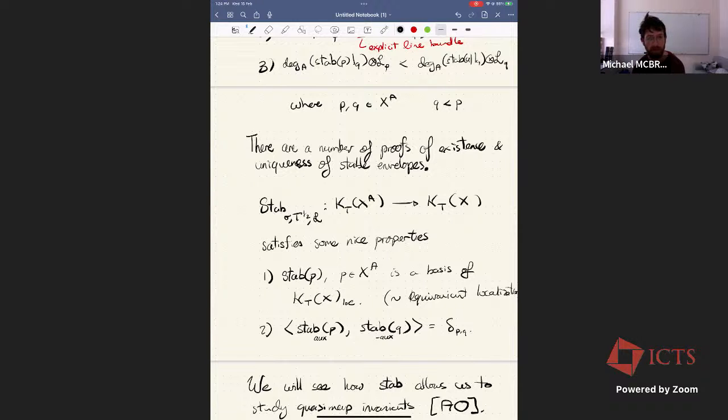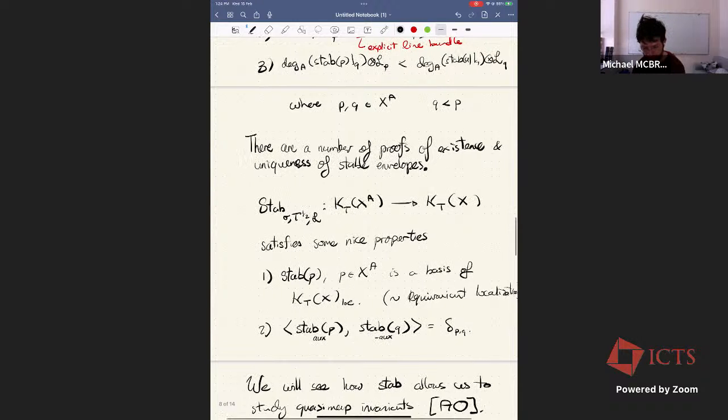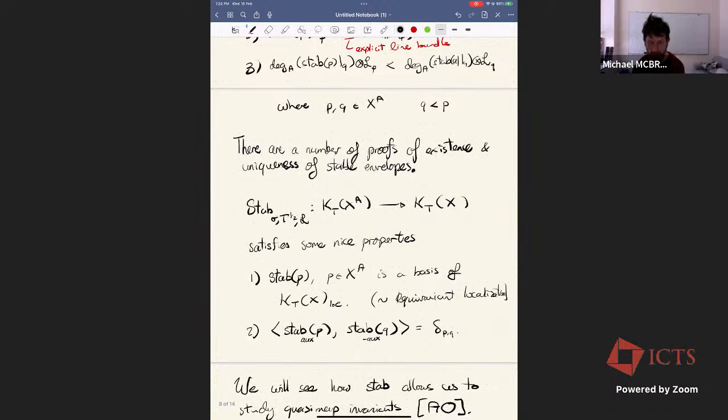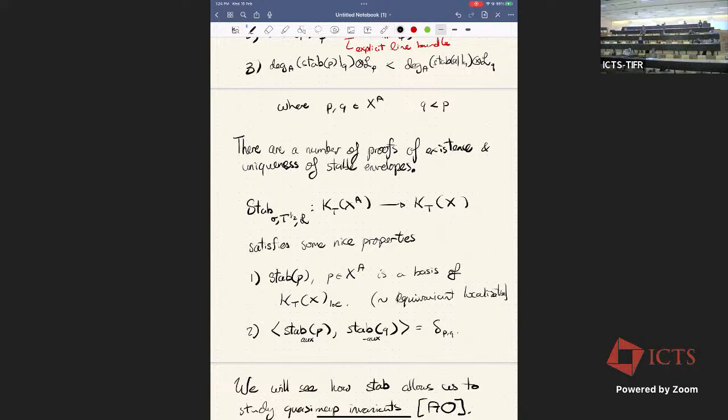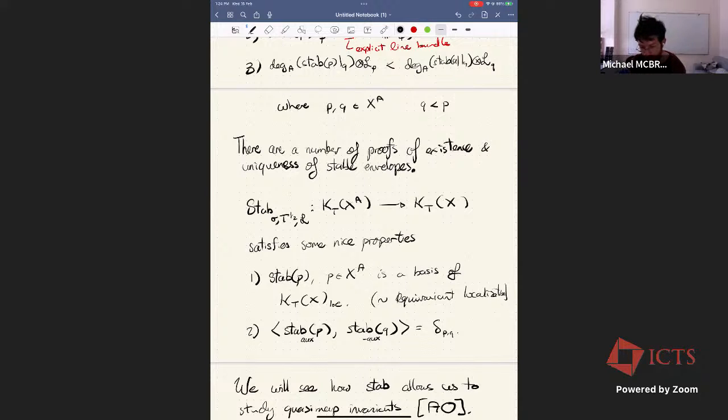Property 1 tells you that the stable envelope map, after you localize, is an isomorphism. I've assumed that the fixed point set is isolated, and I'm making some niceness assumptions on X that I've not spelled out, but that's true for hypertoric varieties. And so then you can invert the map after localizing equivariant parameters.